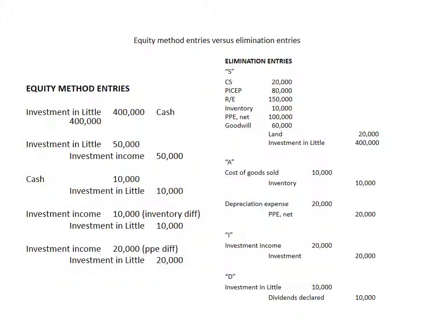It is extremely important, critical in fact, that you be fully cognizant of the distinction between the equity method entries and the elimination entries. Equity method entries are how the investor, the parent, accounts for the investment in their books. The elimination entries are simply a worksheet device, a crutch, to enable us to create the combined or consolidated financial statements.